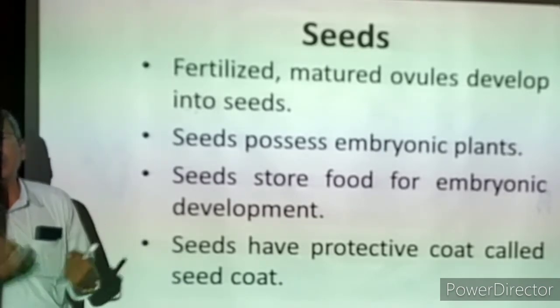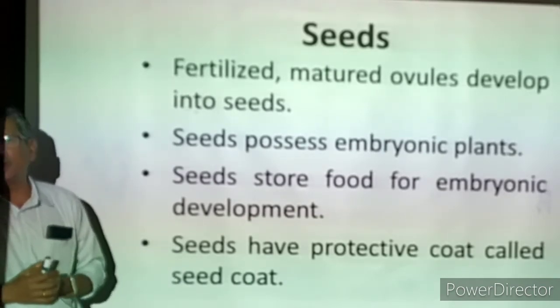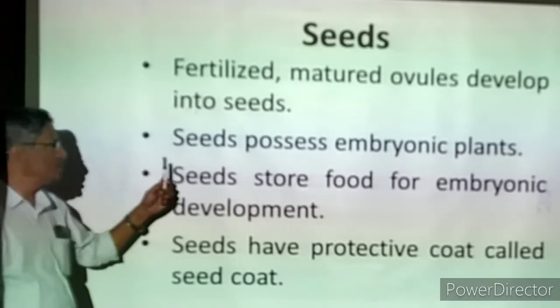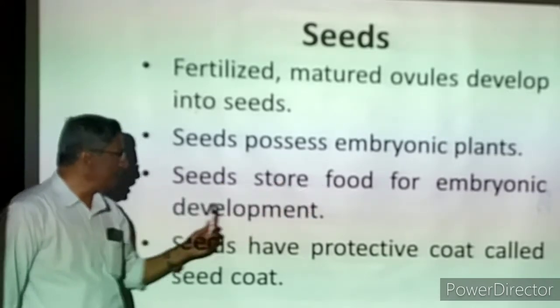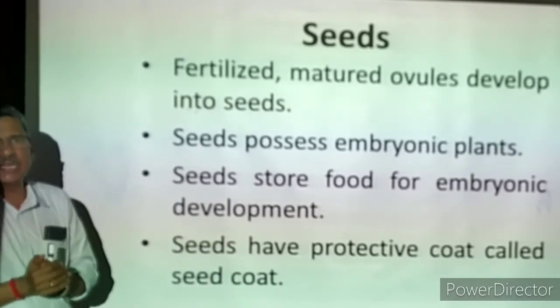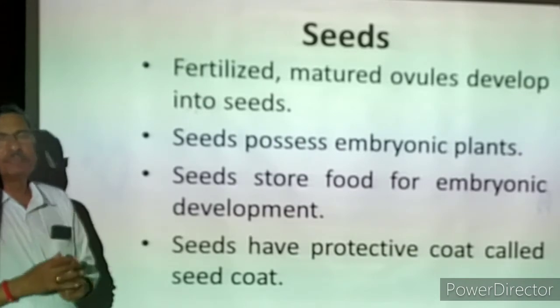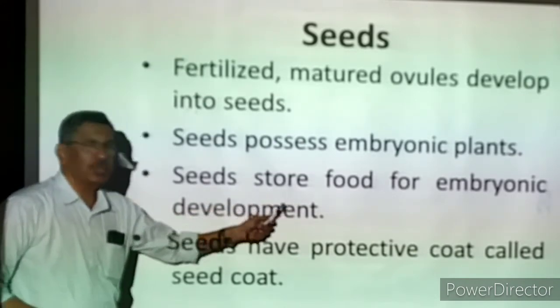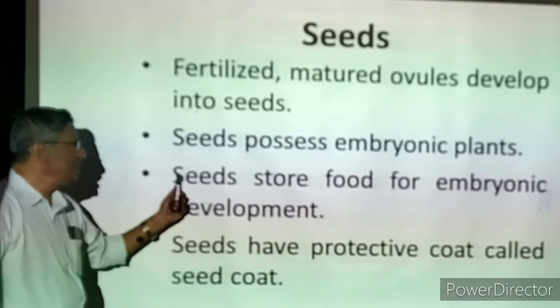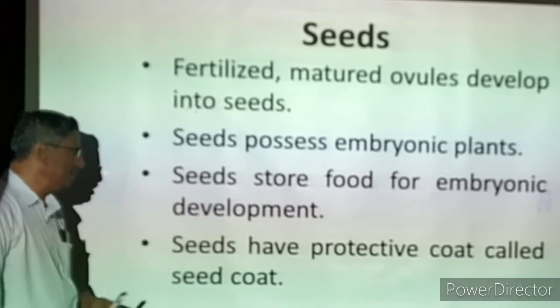For example, we are consuming a lot of grains. Why are we consuming a lot of grains? Because they contain a lot of nutrients. So the seeds store food for embryonic development. The purpose of storage of the food in the seed is to supply the food to the embryo so that the embryo can successfully develop into the new plant.